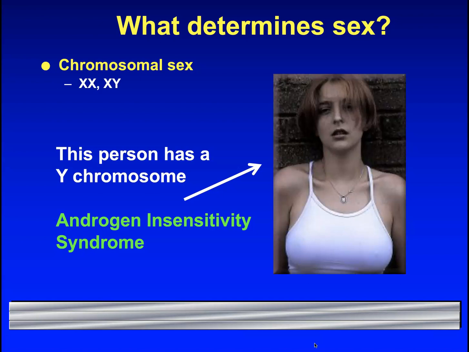So this woman, I consider her to be a woman, has a Y chromosome and internal testes, but external anatomy is female, has breasts, identifies as female for the most part. I mean, are you aware of all your chromosomes? We don't know what your chromosomes are. So the chromosomes alone do not determine sex.